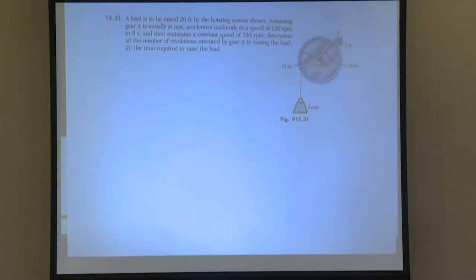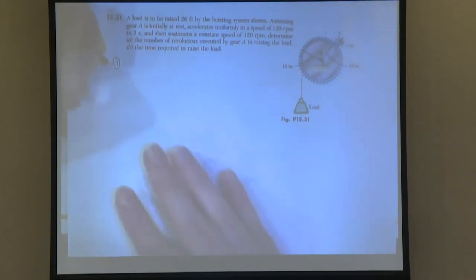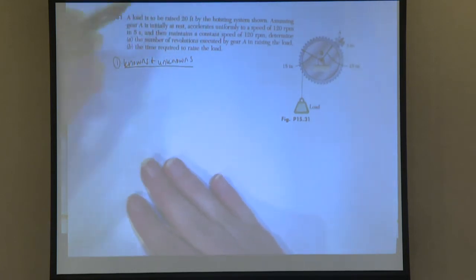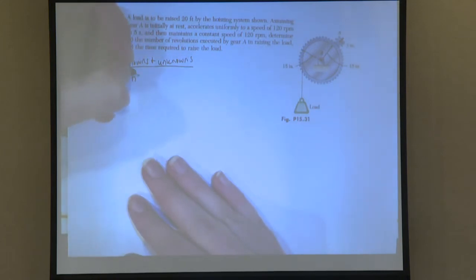So what I always like to do is start off with my knowns and unknowns. Step 1. We're told that it has to raise it 20 feet. So I'm going to say that H is equal to 20 feet.